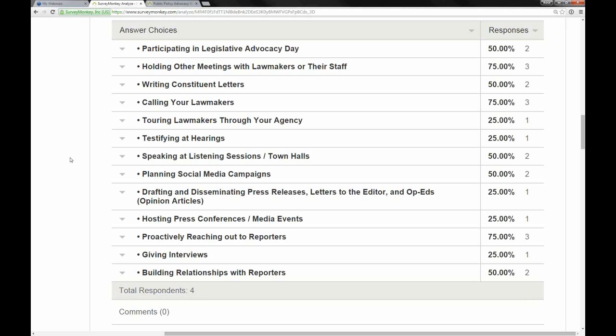And since I know that we had that up in the beginning, if you could do us a favor and right now write in the chat, which one of these things are you most comfortable doing? Which one of these items do you feel the least comfortable or have the least amount of experience engaging in?